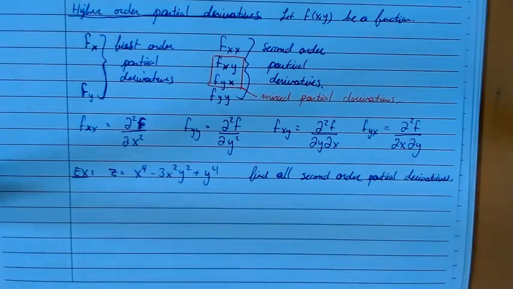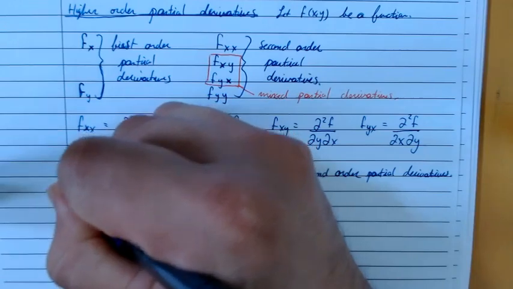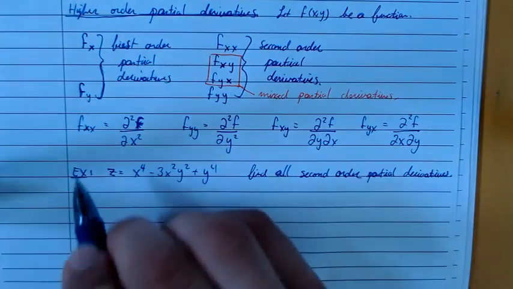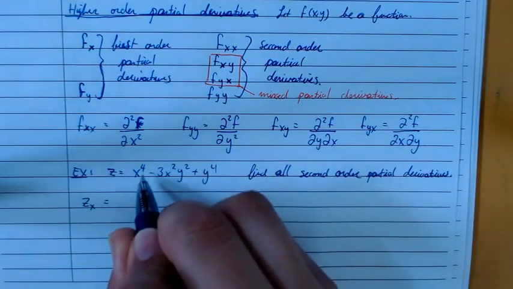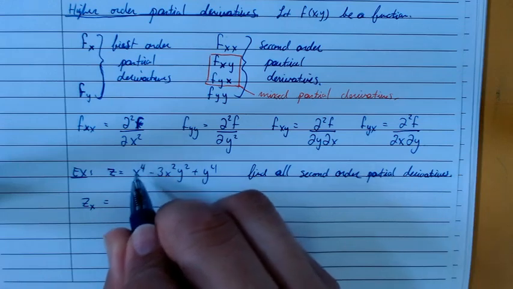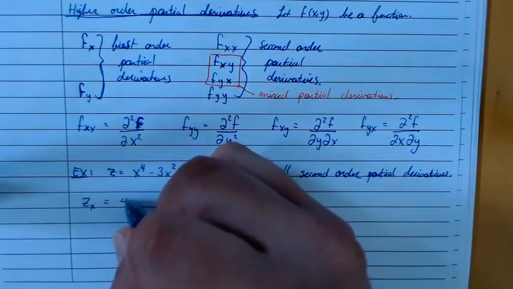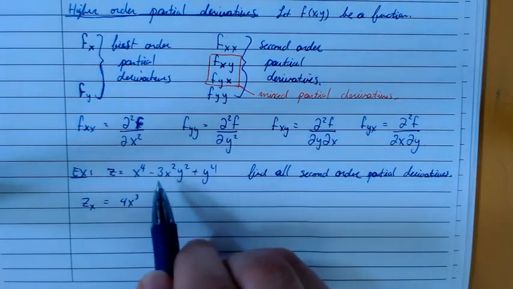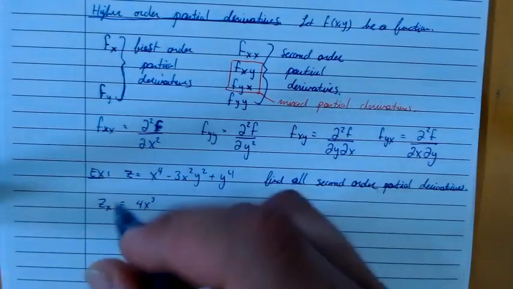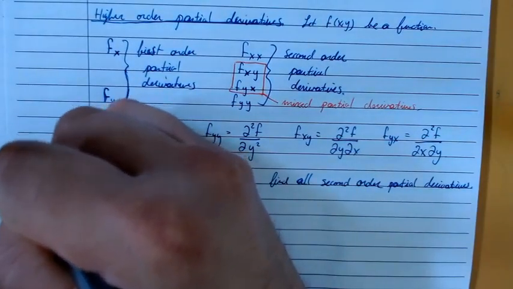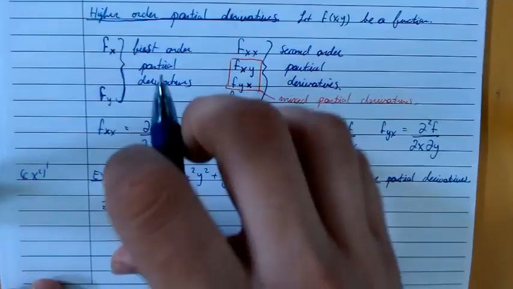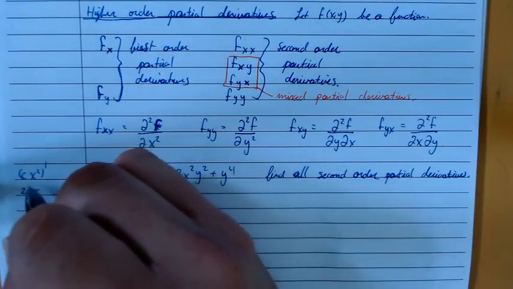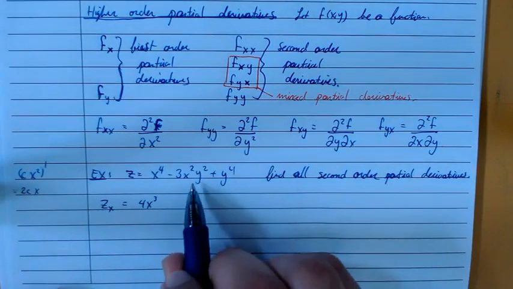All right, so let's go ahead and take a look. First, we're going to find the first partial with respect to x, and then we'll be able to find these two. Okay, well, that's x to the fourth power, so just use the power rule. Bring your 4 down, subtract 1 from the power. Here, notice that y squared is a constant, along with the 3. So if you had a constant times x squared, and you're going to take the derivative, you would simply take your 2, bring it down to join this constant times your x, which is exactly what will happen here.